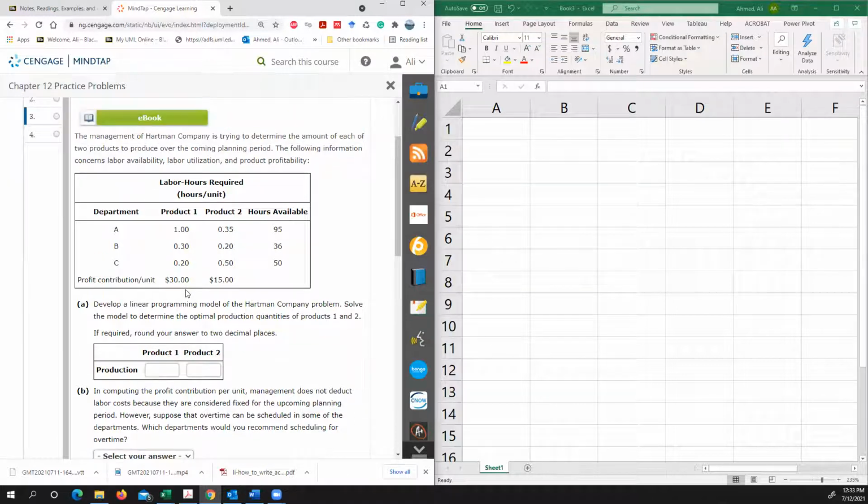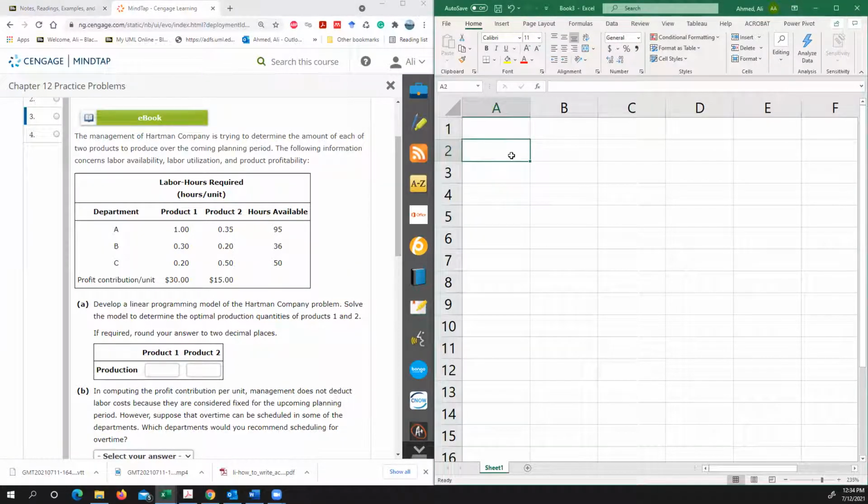First, we should understand that this is a maximization problem, and we need two variables, product 1 and product 2. If we know how much we can make of product 1, we can call it X1, and how much we can make of product number 2, we can call X2.